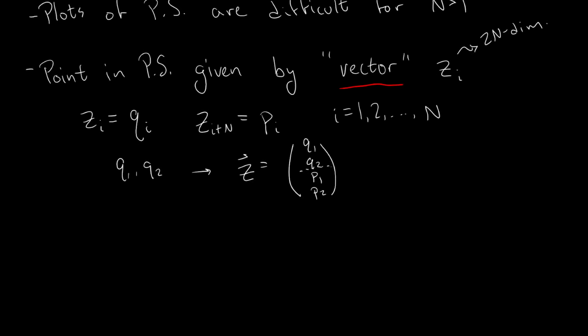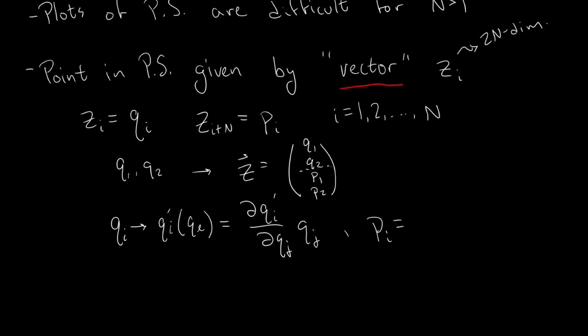So if I get this correct, I do believe that if q sub I goes to q sub I prime, this I can usually write as dq prime I over dq j, q sub j, and then p sub I is going to transform, I believe, in the opposite way.